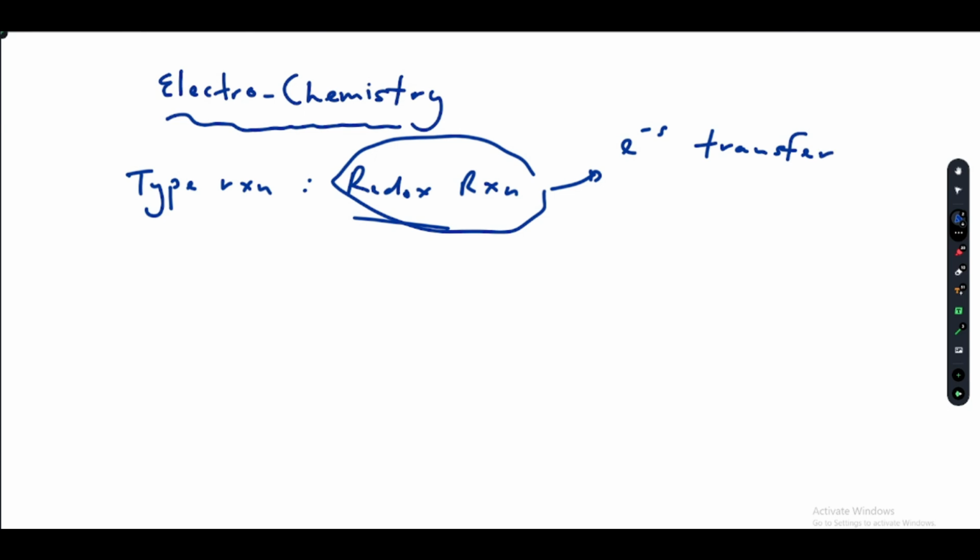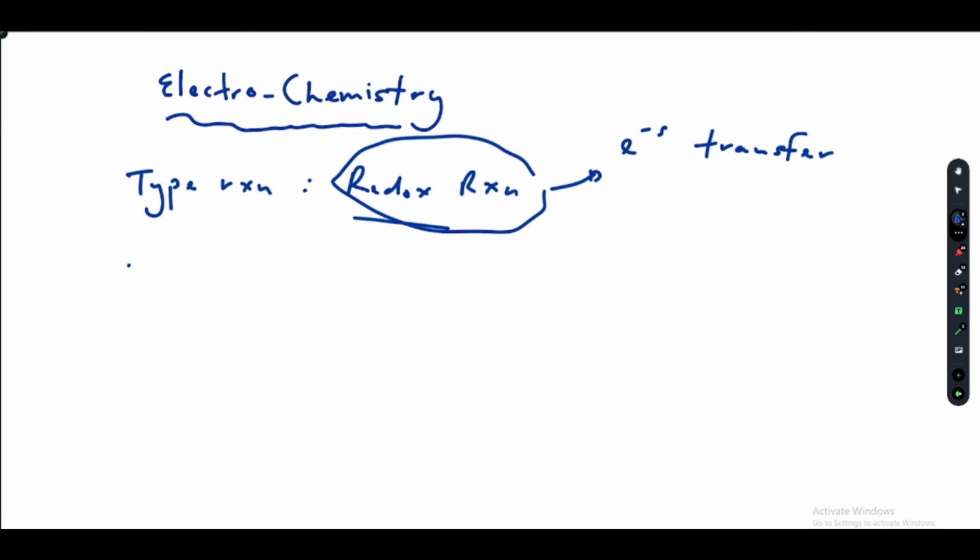So naturally, these electrons will be transferred from one reactant to another. So another way of thinking about it is one reactant is going to lose electrons, whereas the other reactant is going to gain electrons.